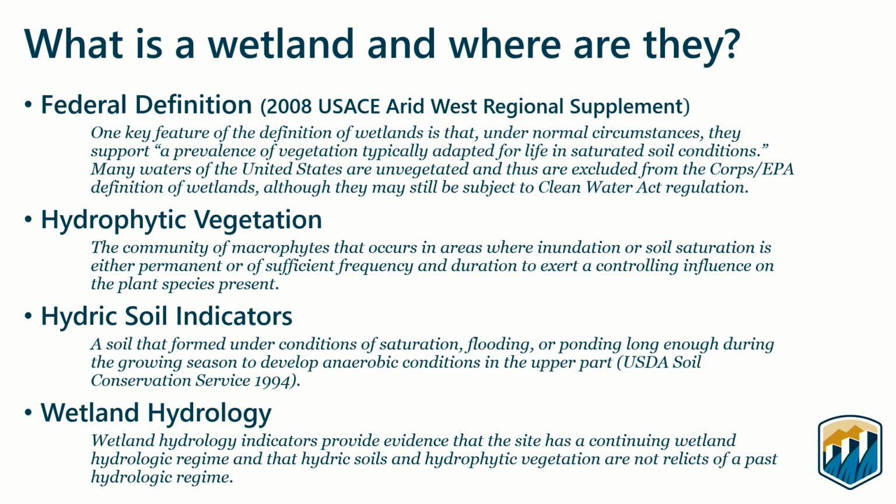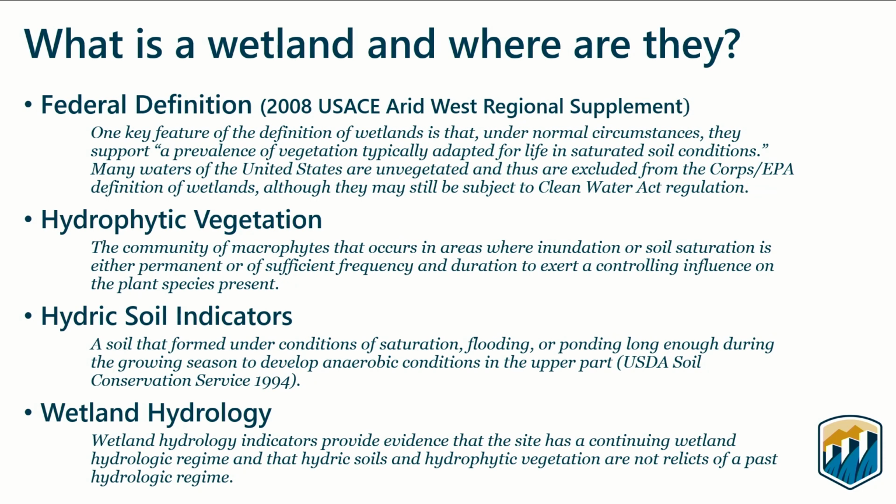The second characteristic is hydric soils. Hydric soils are formed under conditions of saturation, flooding, or ponding long enough during the growing season to develop anaerobic conditions in the upper part. So again, we're talking about duration of flooding, duration of inundation.